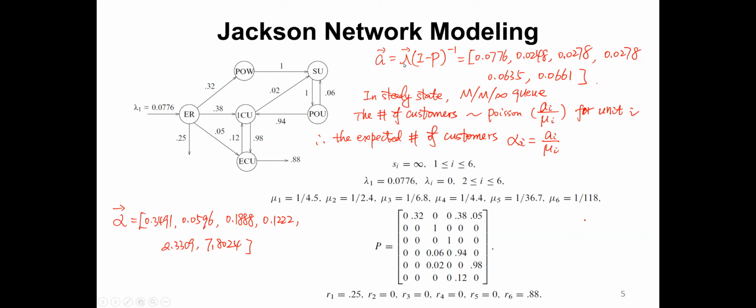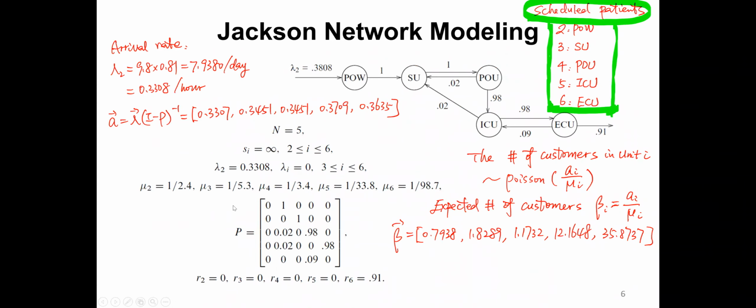With lambda and P, where I is the identity matrix, you can get the combined arrival rate to a particular unit. Then for each unit, you have the service rate and combined arrival rate, so you can calculate the expected number of customers, alpha_i. This is the expected number of patients at each unit. Here we are counting emergency patients.